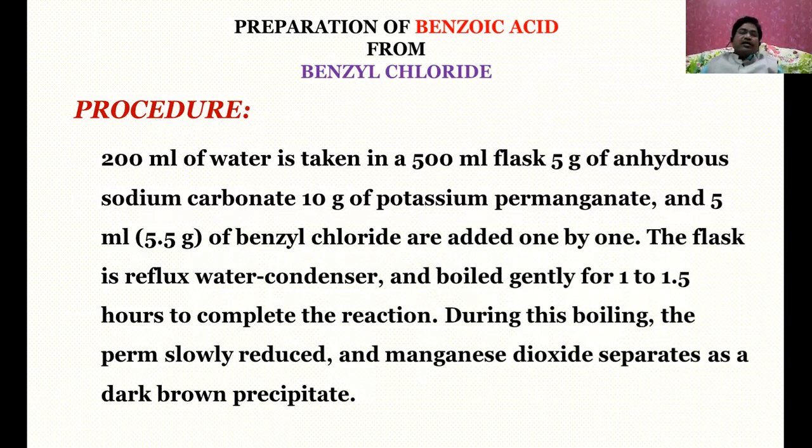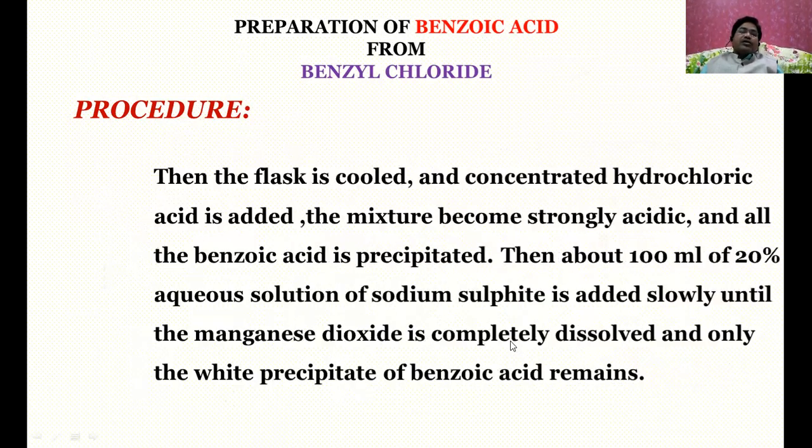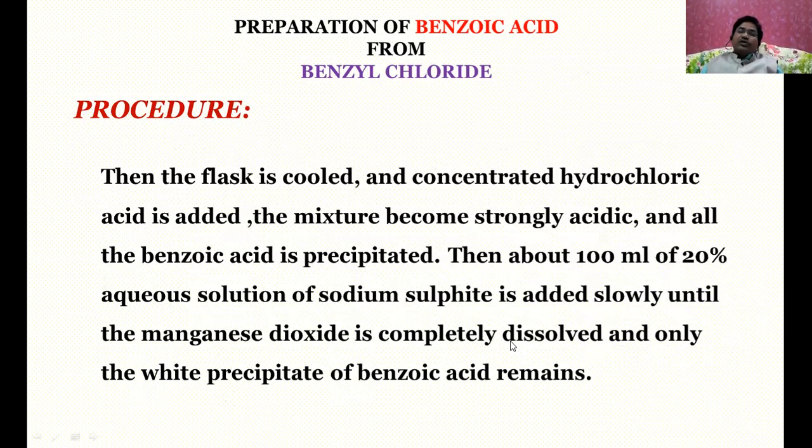During this boiling, the contents in the flask slowly reduce and manganese dioxide separates as a dark brown precipitate. The potassium permanganate is converted into manganese dioxide. Then the flask is cooled and concentrated hydrochloric acid is added.